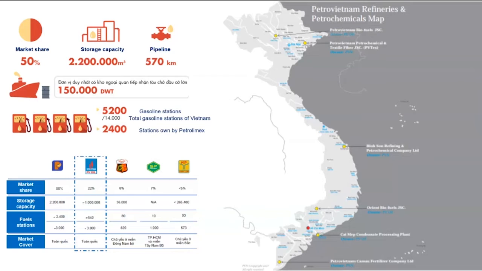In this slide, you can see Vietnam has the upstream, midstream, and downstream, both offshore and onshore. Vietnam has offshore drilling platforms and refinery plants. We also have oil pipelines for transportation, and a lot of gasoline stations. And here is some information on the market.